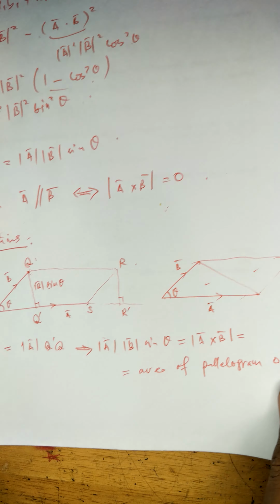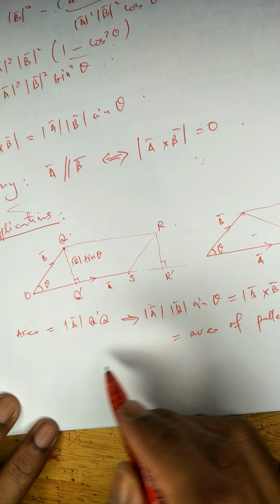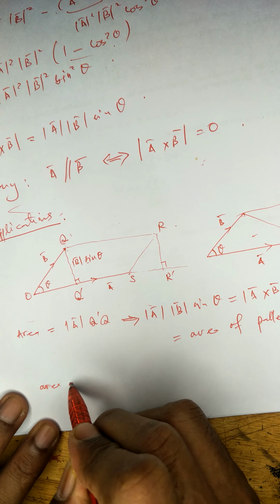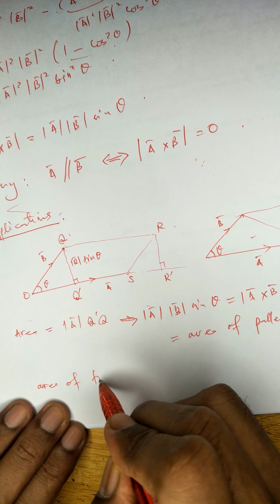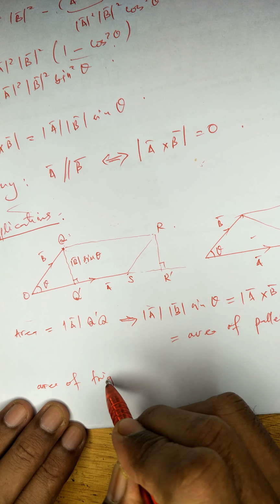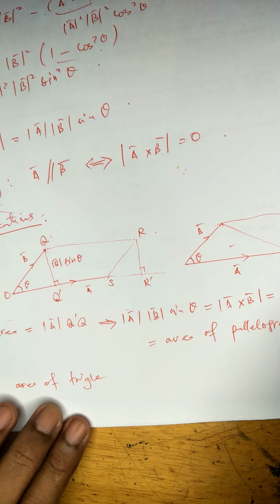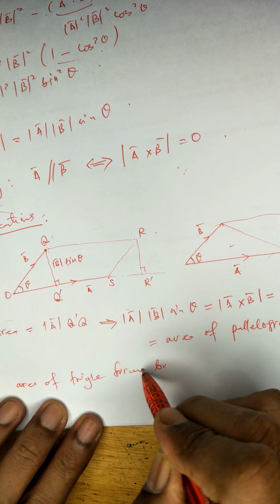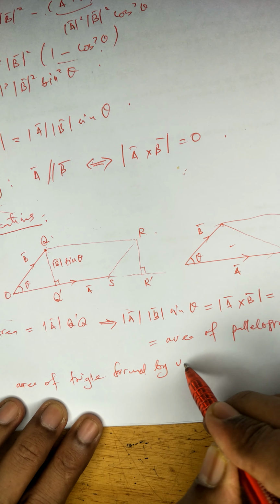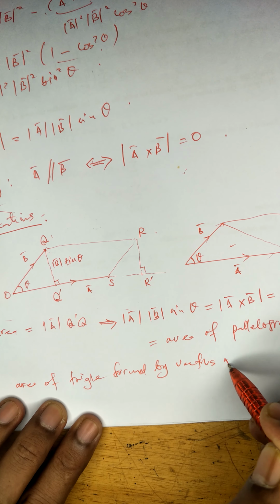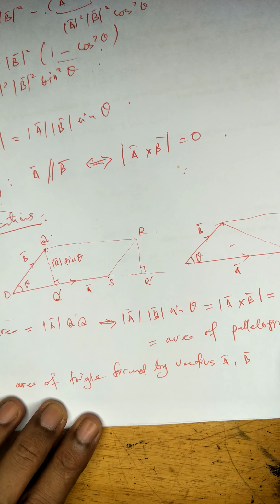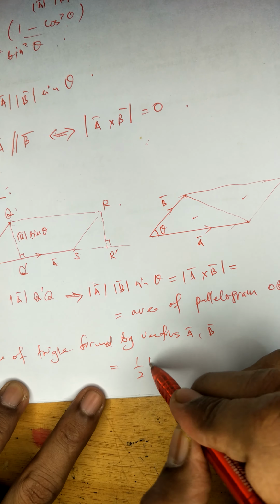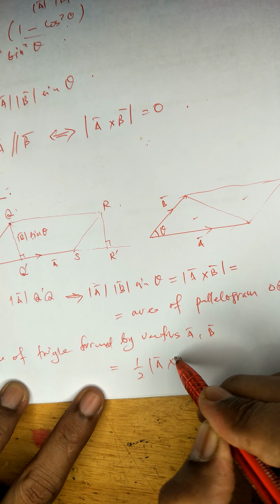Therefore, the area of the triangle formed by vectors A and B is given as half of A cross B.